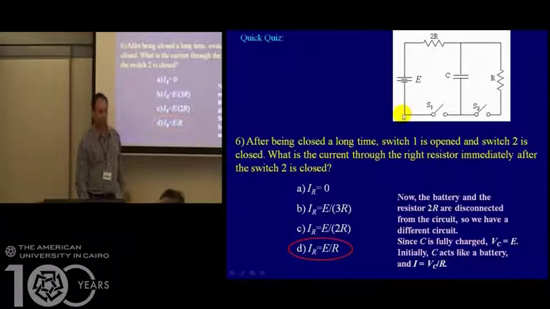Can we do this in a minute? But they are connected in parallel. I will prove to you how we can find that they are connected in parallel, the two resistors.